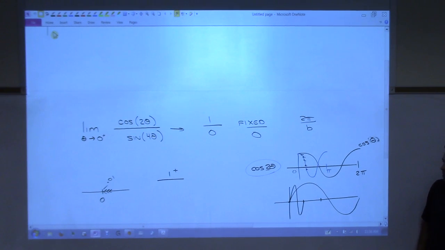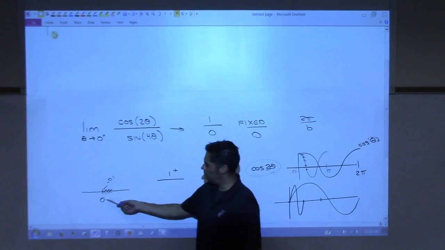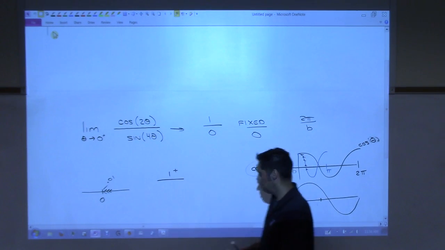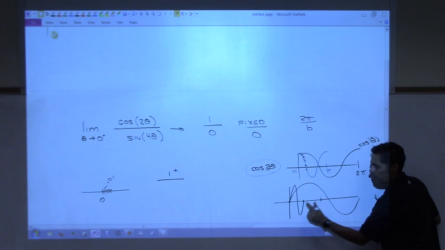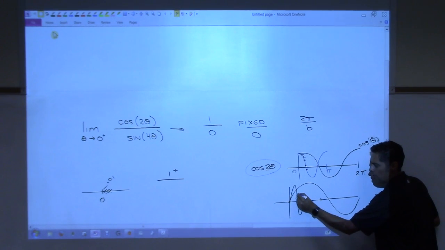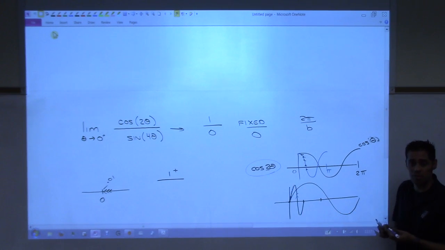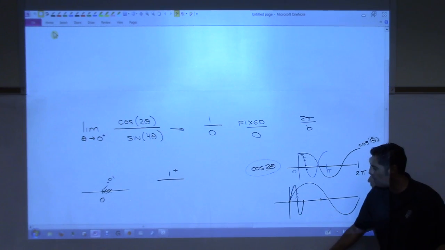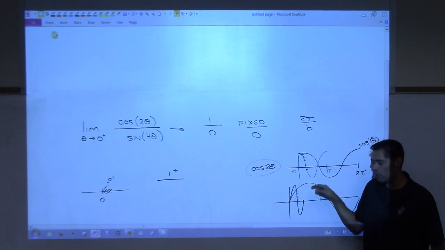And what I want to do is approach 0 from the right. So walk along this curve right here from the right side of 0 and start walking towards there. Wouldn't you go up first, and then you come back down, and you're approaching 0? But are you positive or negative as you approach?